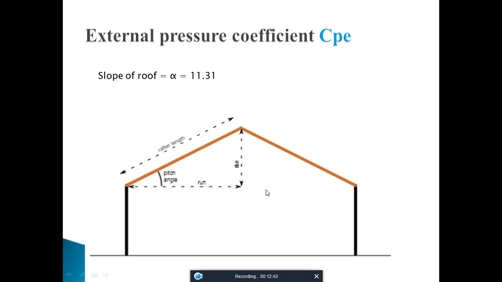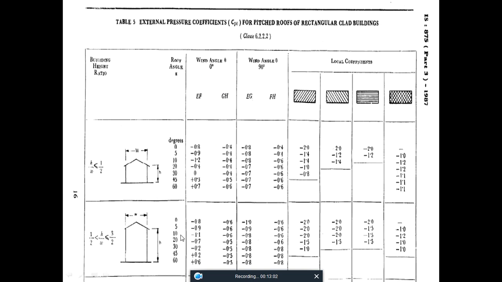You can calculate this from the rise and run, that means half of the span. Rise divided by run, so theta is tan inverse of rise upon run. From that you can calculate alpha. In our case it is 11.31. So this comes between 10 and 20.